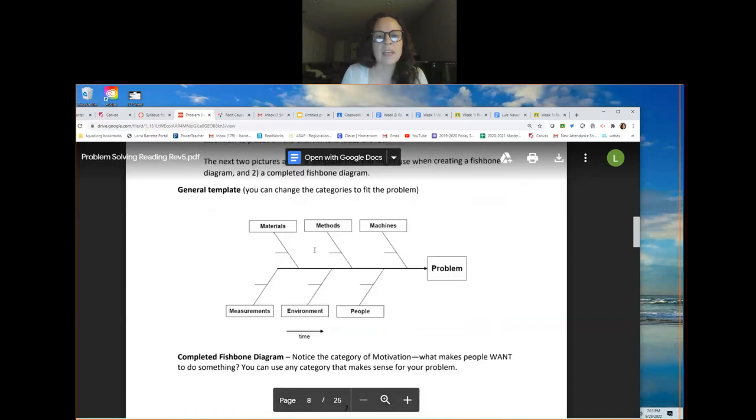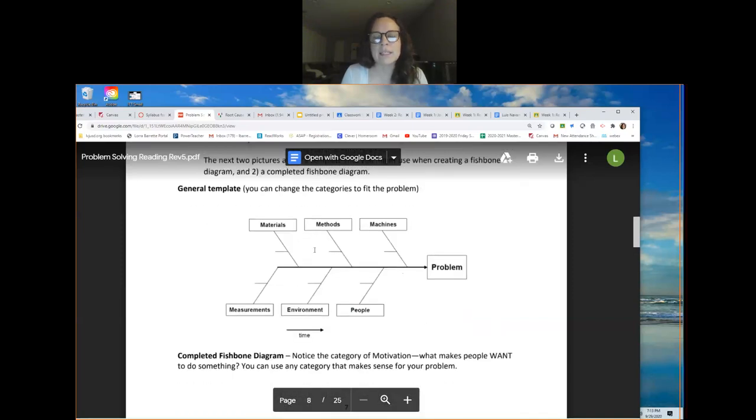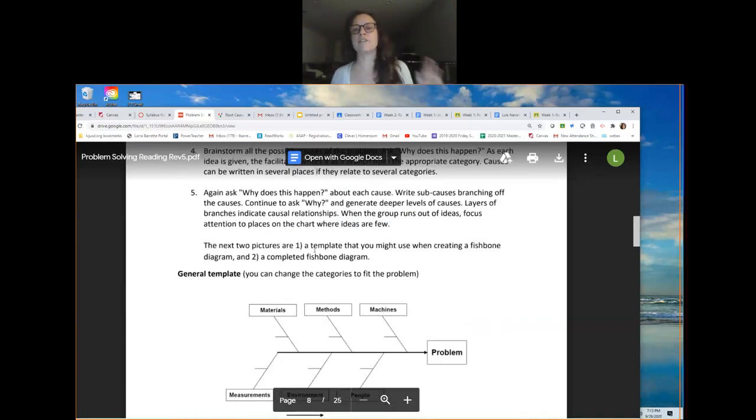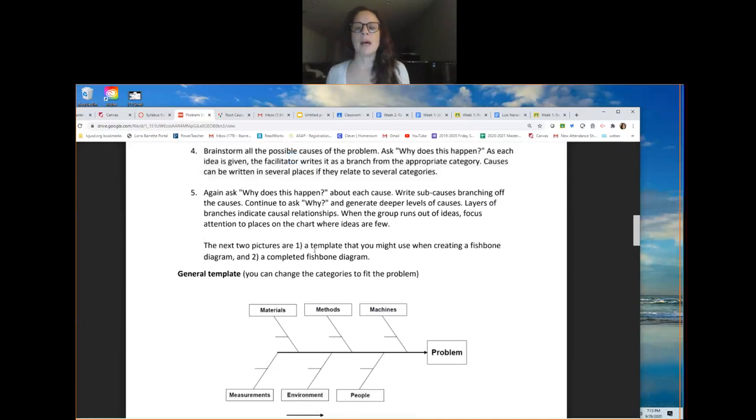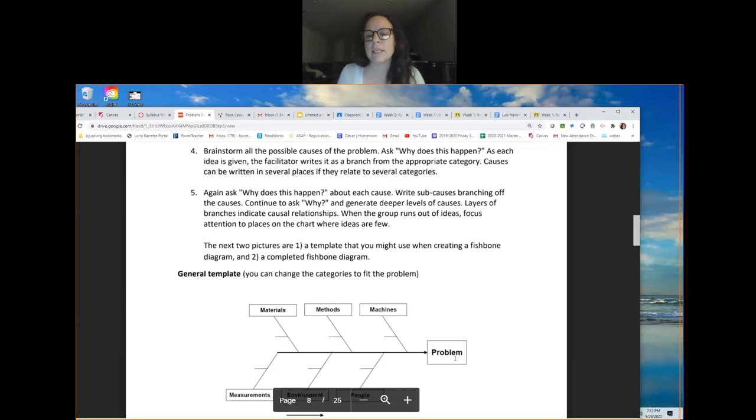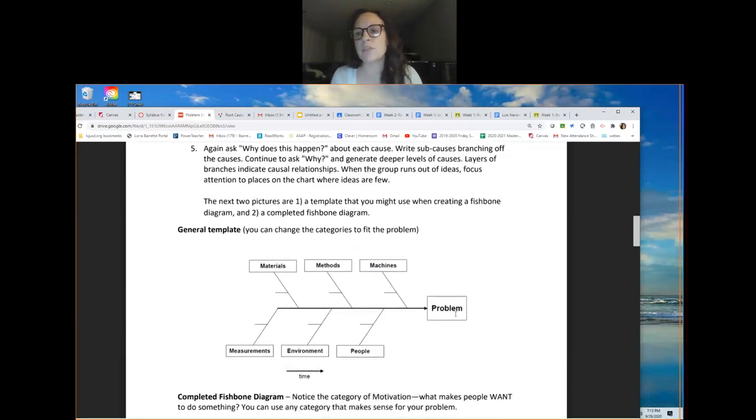Okay? And they give you a list of all of the different categories of reasons that could possibly be there for a problem. So if we say the problem is the person put the wrong rear view mirror on the car at the factory, then we could list, okay, was there a problem with the machines at the factory?